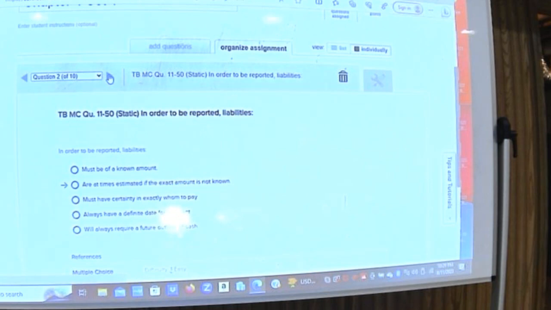Sometimes those amounts are estimated, okay? So if we can estimate them with reasonable accuracy, then we have to record that liability. We know the liability is there. We're just a little iffy about the amount we have to use and estimate.